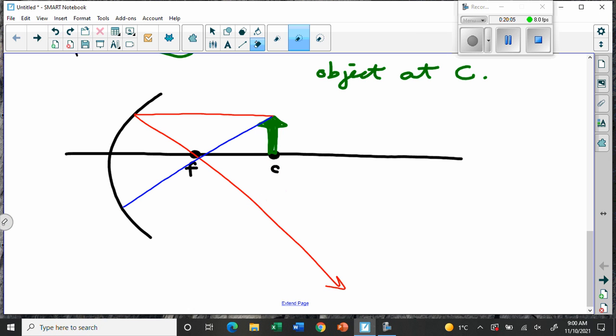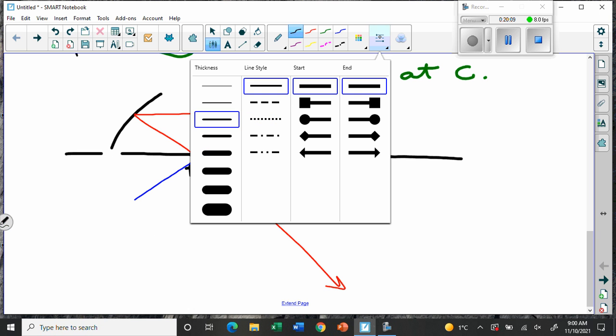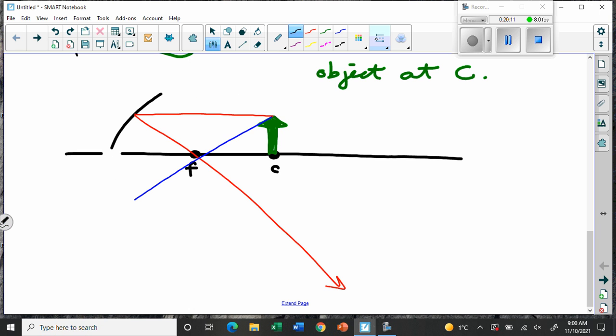Let me just erase this and try to make this mirror a little more realistic. Because that changes where it hits down below, and that changes everything. So there, let's fix that. And now let's see if I can get rid of my blue line there. No, it's not going to let me. I have to erase.